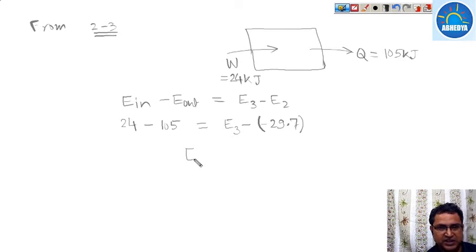So what is E3? E3 is 24 minus 105 minus 29.7.